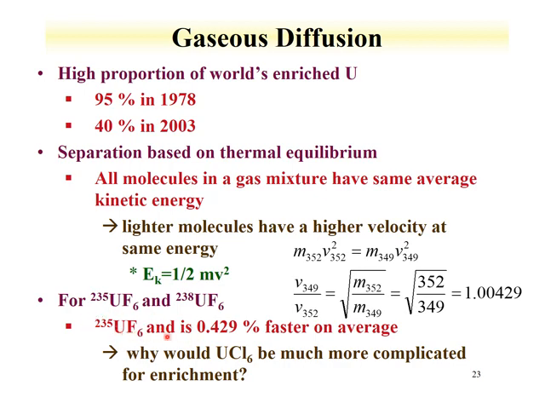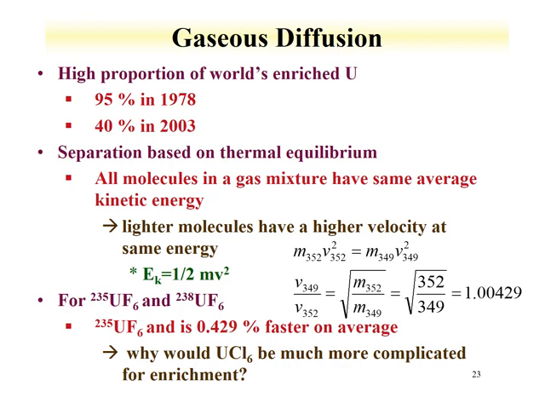Uranium-235 hexafluoride is about 0.4% faster on average than uranium-238 hexafluoride. If we put this in a system where it impinges upon a barrier, and this barrier has a certain permeability for the uranium hexafluoride, the uranium-235 hexafluoride will impinge upon that barrier more often and diffuse through, on average, at a higher rate.